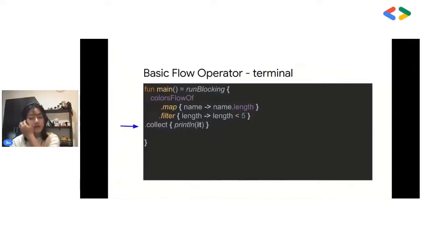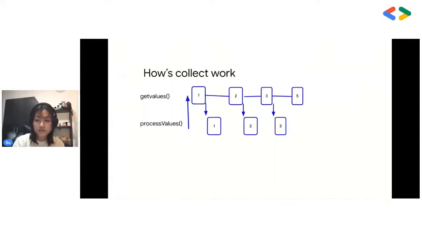Okay, terminal operator. The terminal operator is just the collect function. Collect is a suspend function. It can only be called from a coroutine, which is the reason why we wrap the code with runBlocking. As you start collecting, you get values one at a time, and you don't block while waiting for a new value.